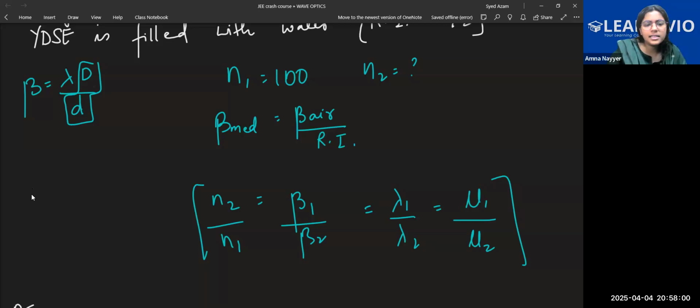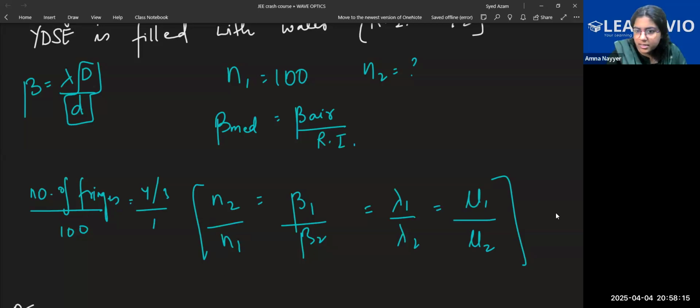The number of fringes divided by 100 will be 4/3 divided by 1: refractive index of medium over refractive index of air. Use this formula because beta is related with lambda, and lambda is related to your refractive index.